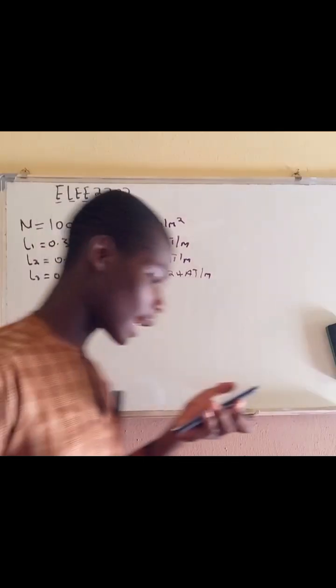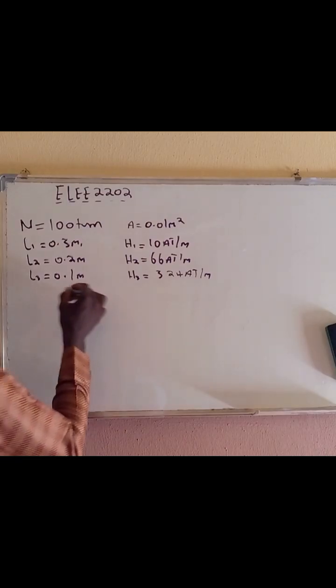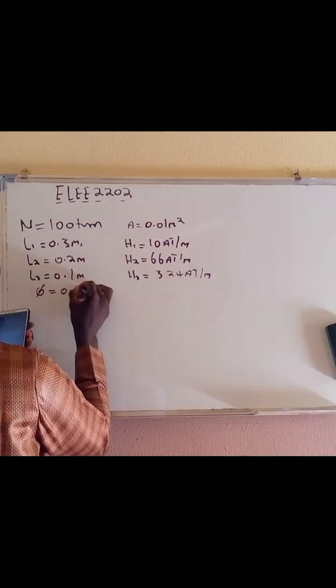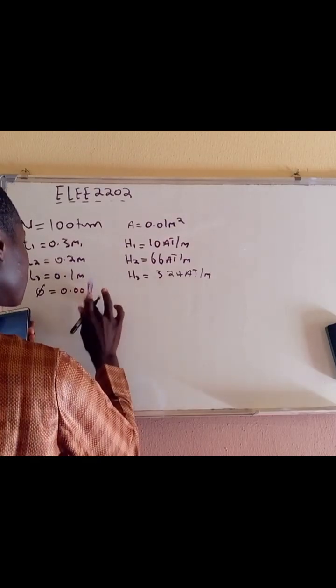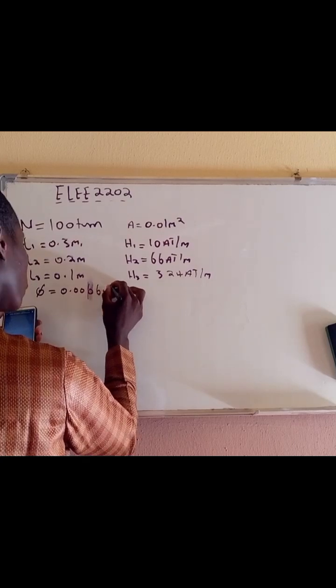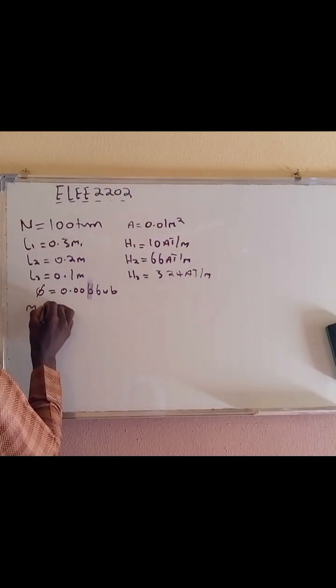So the question says calculate the magnetomotive force to establish a magnetic flux of what? If the flux is 0.006 weber.